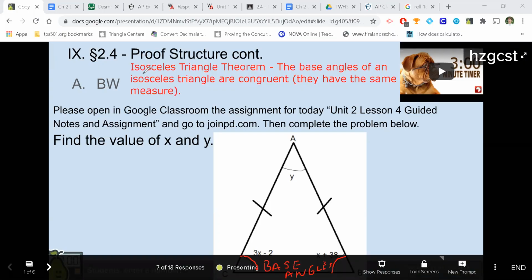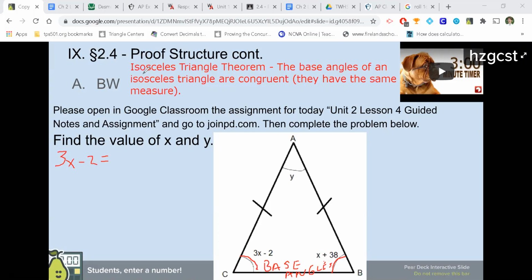So I can write that 3x minus 2 must equal x plus 38. I then need to solve this for x. Get all of my x's on one side, all the numbers on the other.